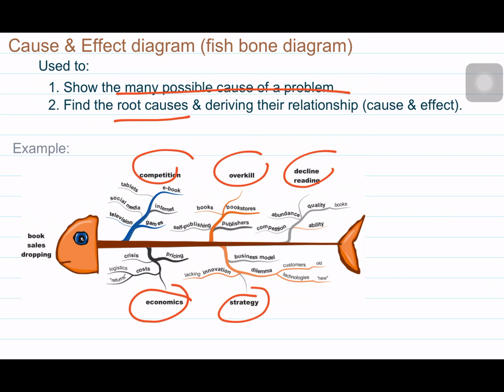Once all the possible causes are identified, they can be used to develop an improvement plan to help resolve the identified problem. So it's based on two concepts: find the root causes, and after that derive their relationship, like the cause and effect.